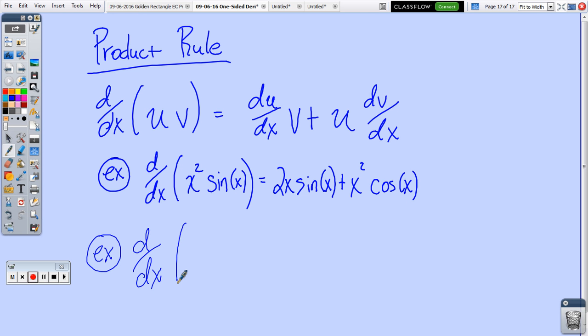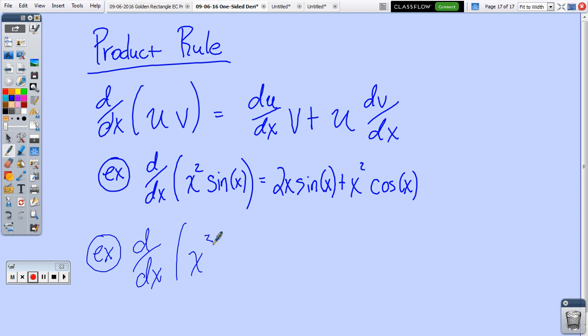So let's say the derivative of x squared times z to the third. We're trying to get something that I would not want to simplify first.